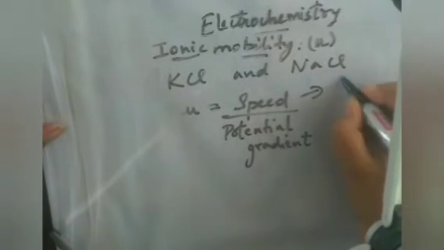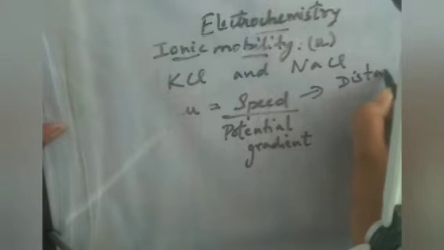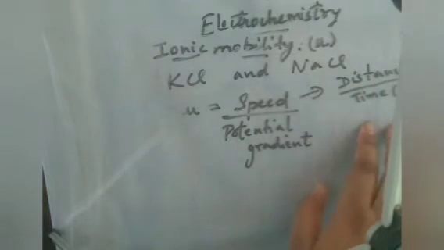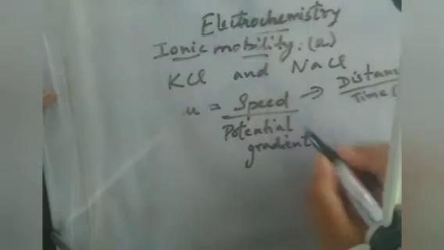We all know speed is distance traveled by the ion divided by time in seconds. So ionic mobility is speed by potential gradient, in which speed is equal to distance traveled by the ion divided by time in seconds. And what is potential gradient?